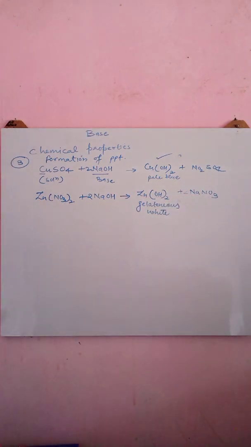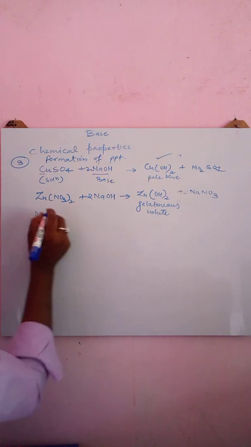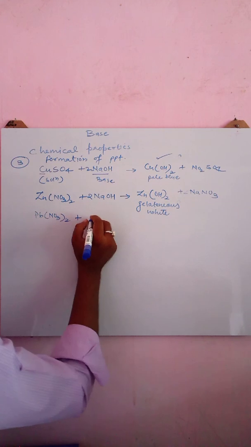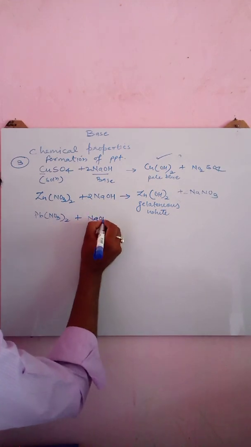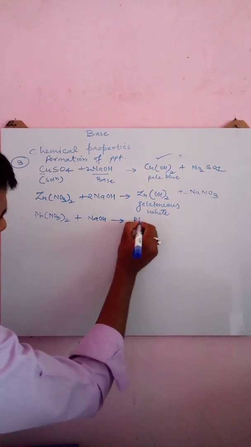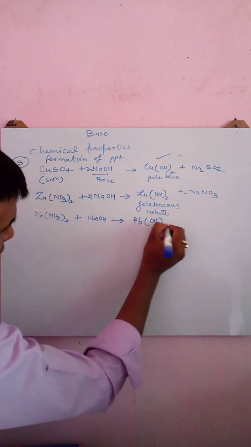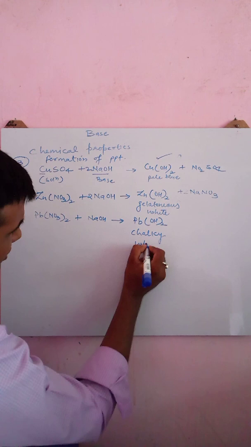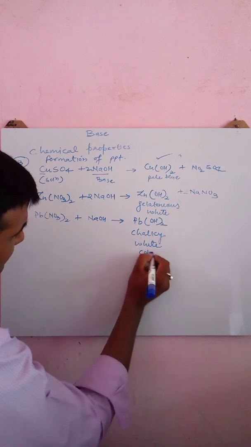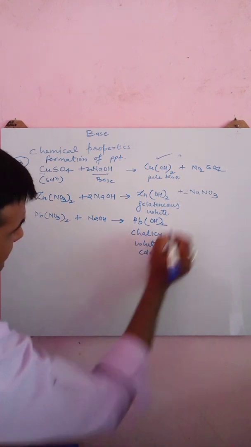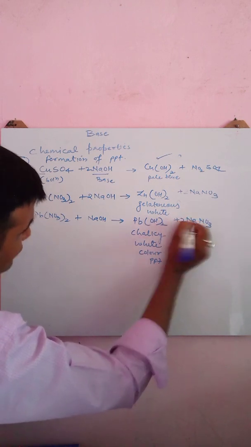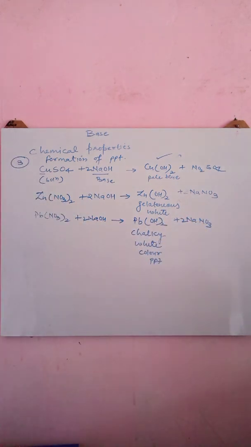Right? Similarly, when lead nitrate, Pb(NO3)2, undergoes reaction with sodium hydroxide, it forms Pb(OH)2, a chalky white precipitate, PPT, right, plus sodium nitrate, a soluble salt, right?